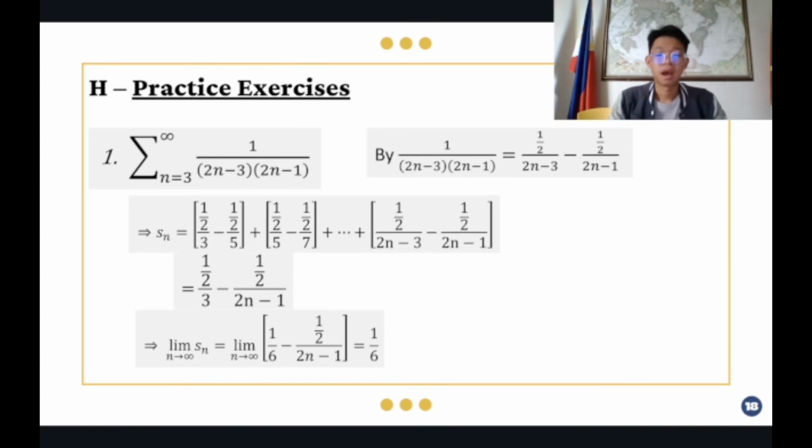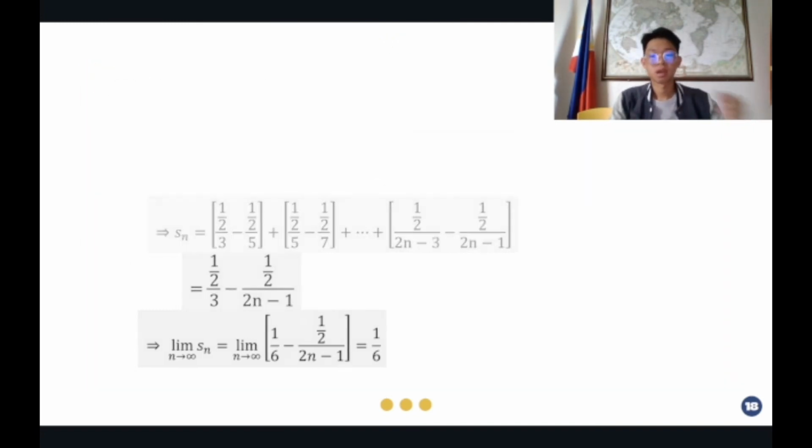The limit as n goes to infinity of sn equals the limit of 1 over 6 minus 1 over 2 times 1 over (2n minus 1), equal to 1 over 6.